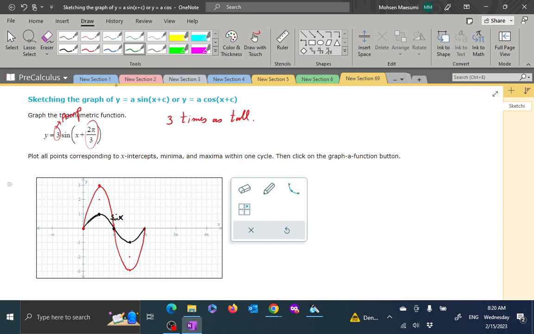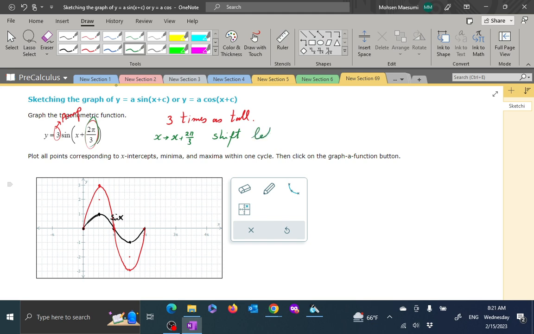Stage 2, what does this do? Adding, so changing x to x plus 2 pi/3, what kind of shift occurs? First of all, it is a horizontal activity. And here's the main question for you, left or right?